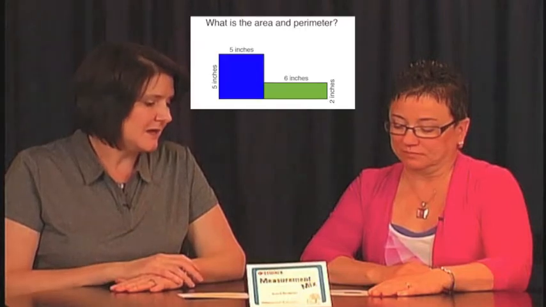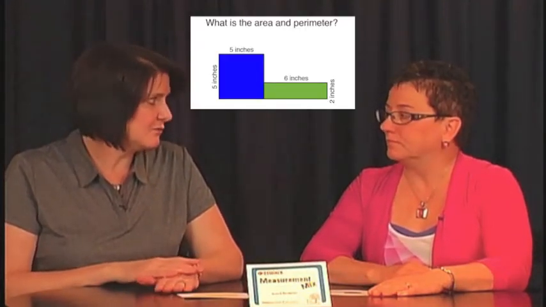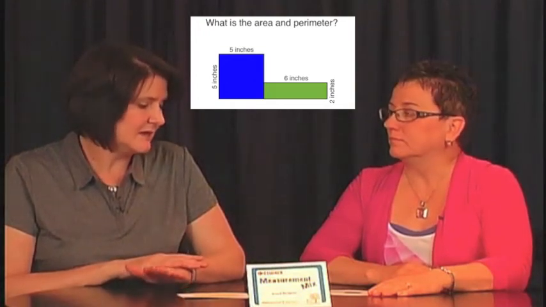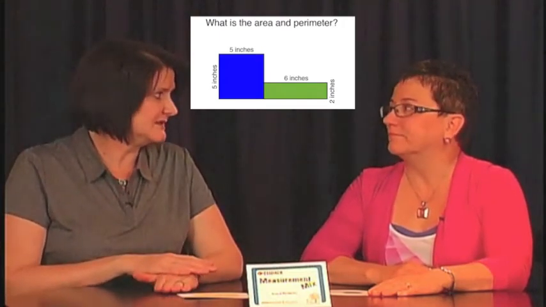Right. So Tammy, still area and perimeter, what are you going to do? Okay, well, I'm going to attack the area first, and I know that that blue square has an area of 25 inches squared, and that green rectangle has an area of 12 inches squared, so 25 and 12 is 37 inches squared. Okay.